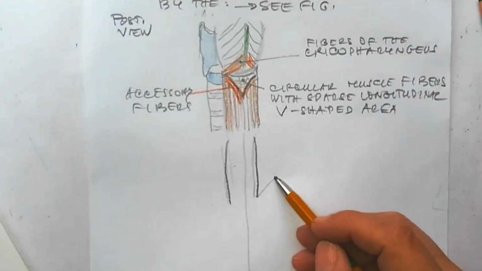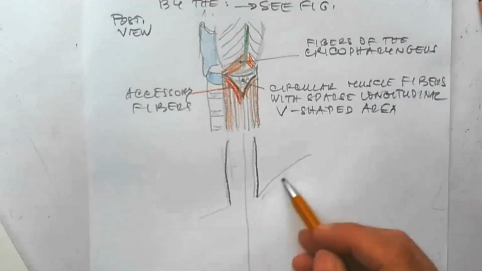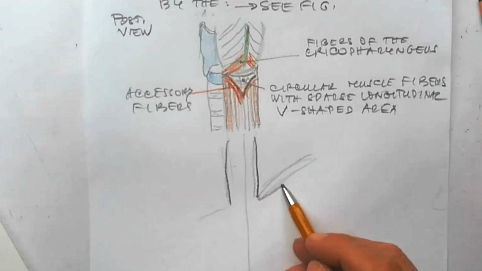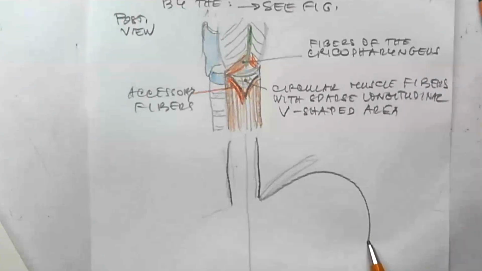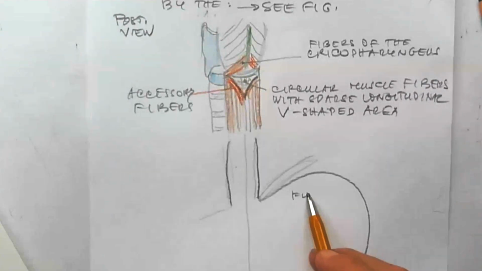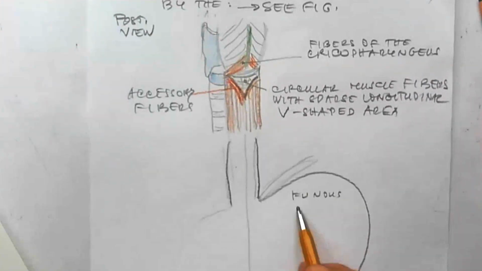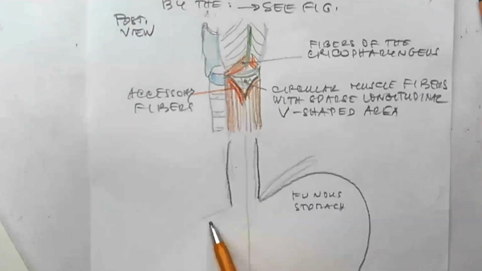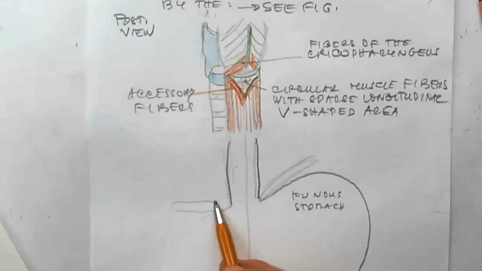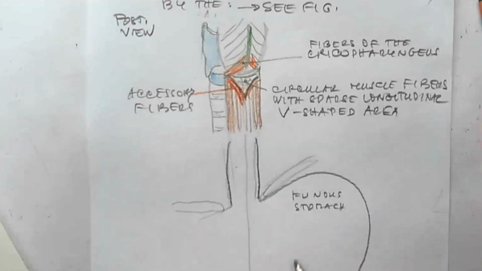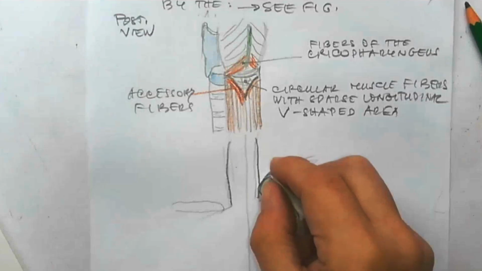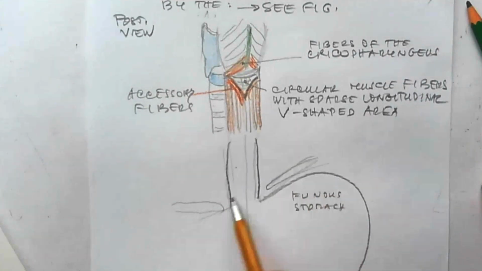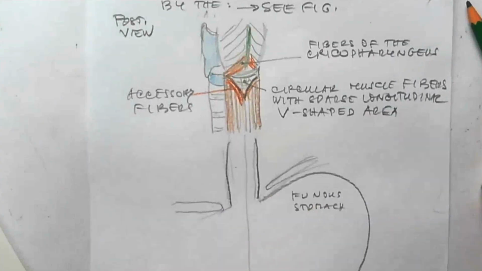Then looking at the diaphragm and stomach with fundus and body. Here's the fundus of the stomach. Then here we have the diaphragm, but the diaphragm is not firmly attached by its own muscular system. There are some fibers, not so many.